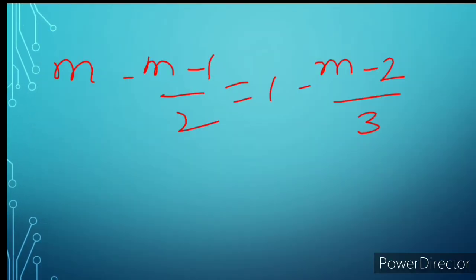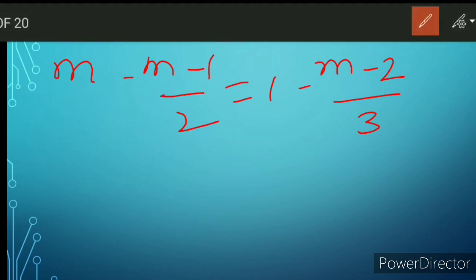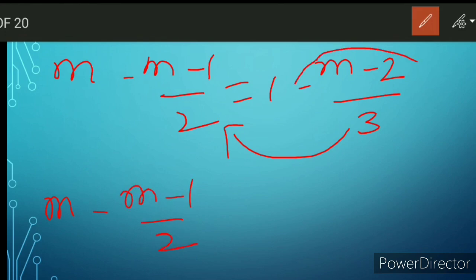Yeah, so on the next page, the same equation I have written here. The m term I will bring to this side. Already two terms are there, write as it is. m minus 1 by 2. This whole term I am bringing to this side, minus becomes plus.